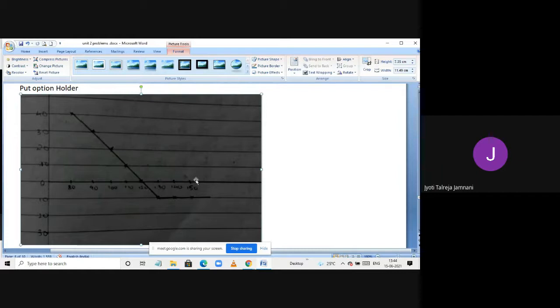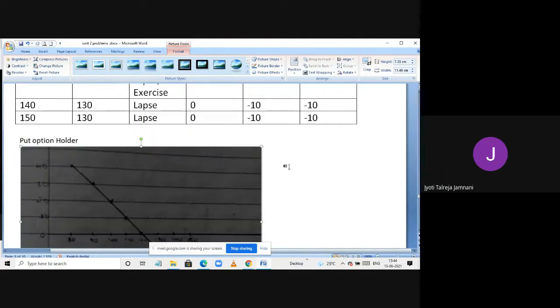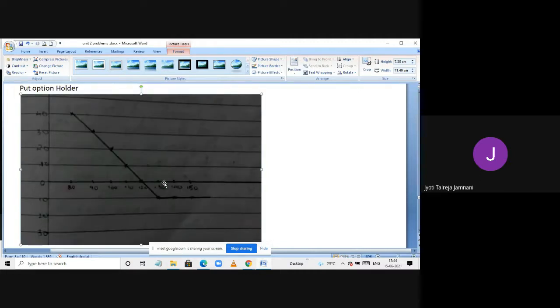From 80 to 150 there are prices, and if you see here, at price 80 the gain is 40 rupees. Then 30, 20, 10, the gain comes to 0. And then when the prices are 130, 140 and 150, we have a loss of 10 rupees. So we are coming downwards and the loss is limited to 10 rupees, whereas the gains are unlimited.